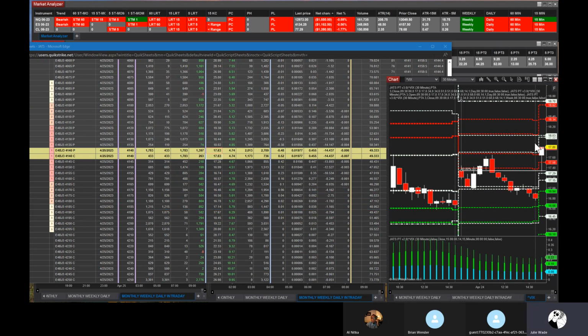So right here at 1803, that would be around 41.35 where we are currently. And there's no volume really. The volume comes in at a put at 41.30.